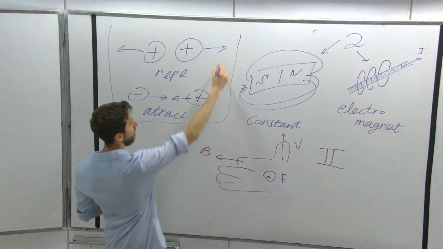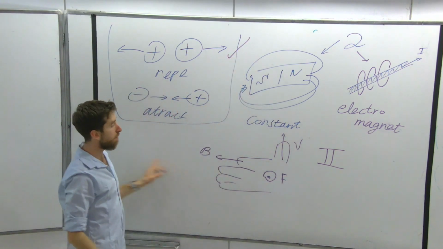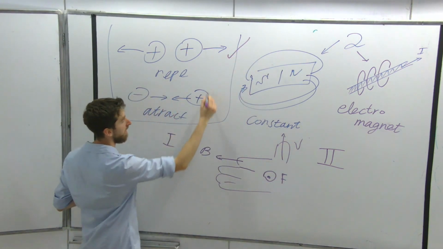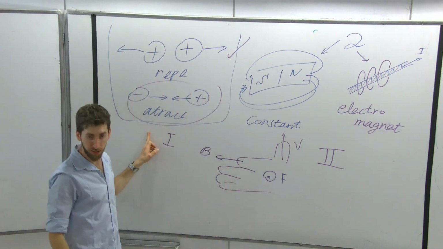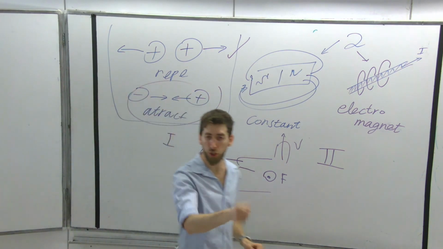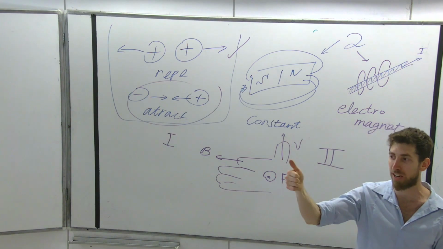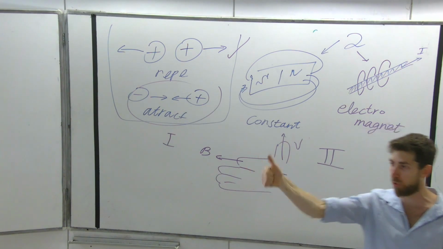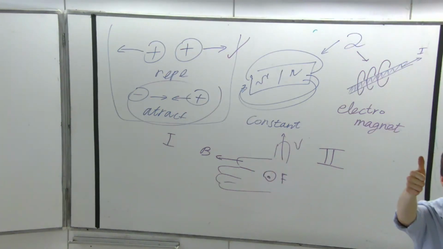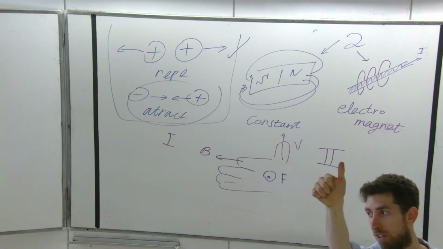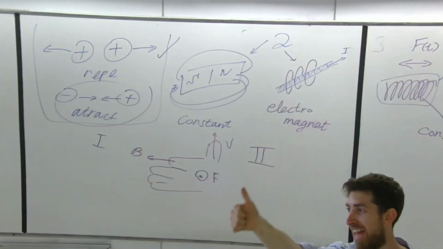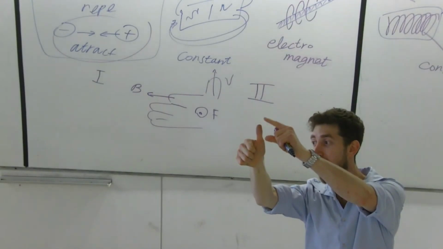Now I want to teach you another rule. The first right-hand rule is what we just saw. What does it mean? You do the like shape, and this one is the velocity.